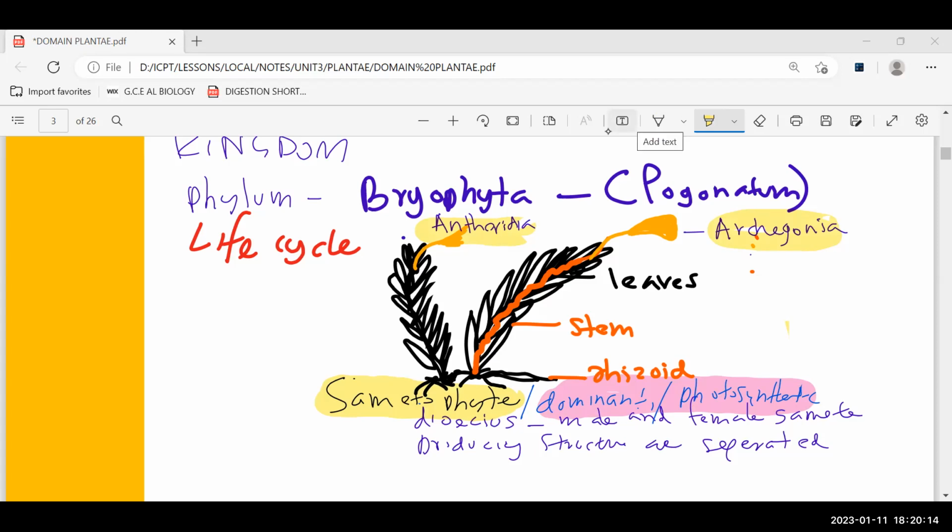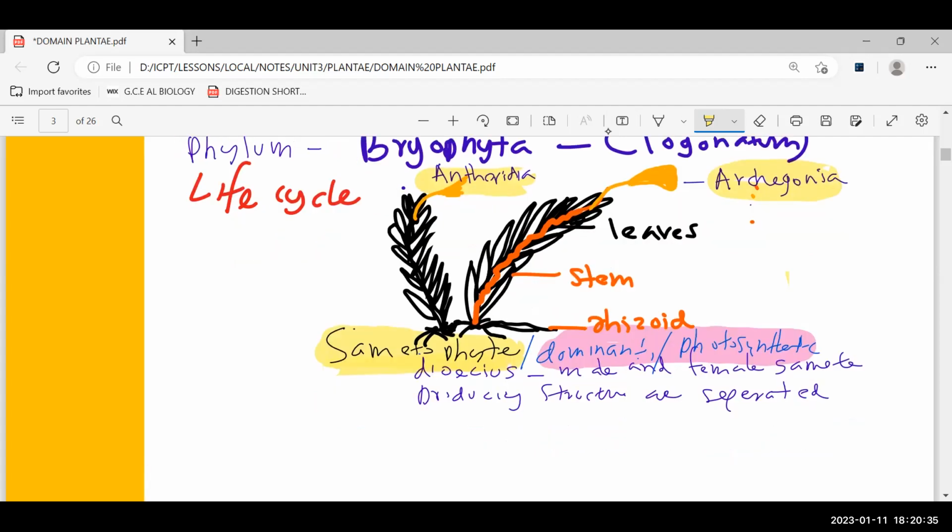We don't say flower because the whole gametophyte stage is plant-like. On the plant-like structure, we can see differentiated parts called antheridia and archegonia. So if we look a little bit closer, the antheridia and archegonia.